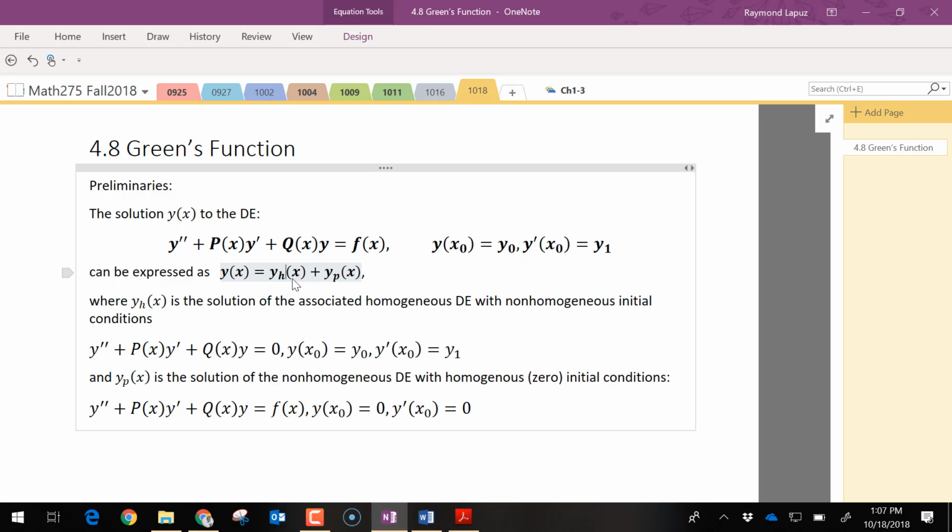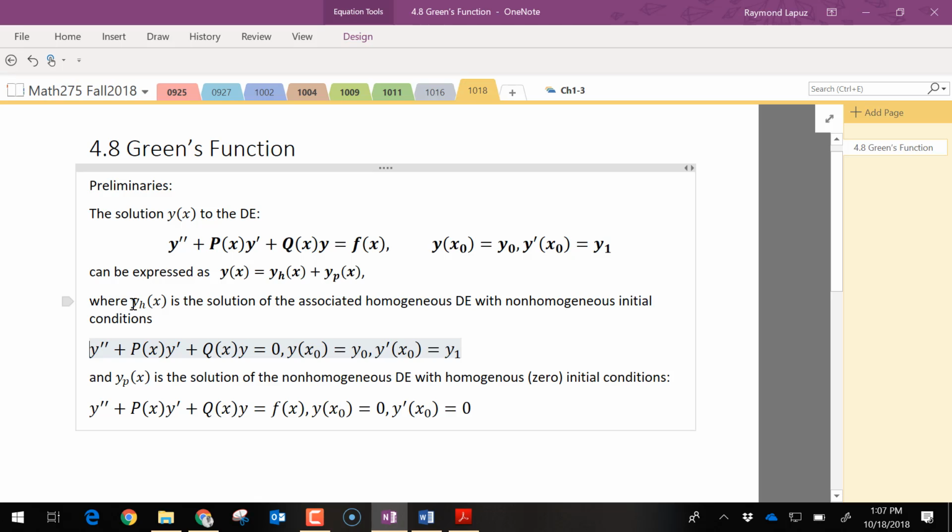If you don't have initial conditions, then your solution is just a general solution with a C1 and C2. But if you do have initial conditions, you would need to solve for the C1 and C2, and y sub h is going to be the solution to the homogeneous differential equation with the non-homogeneous initial conditions.